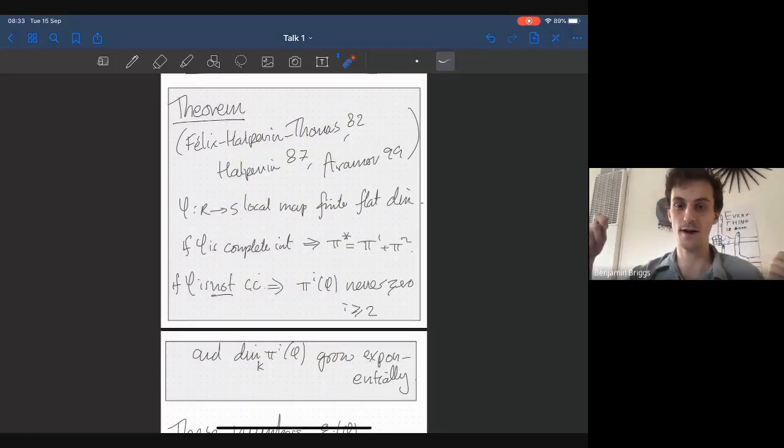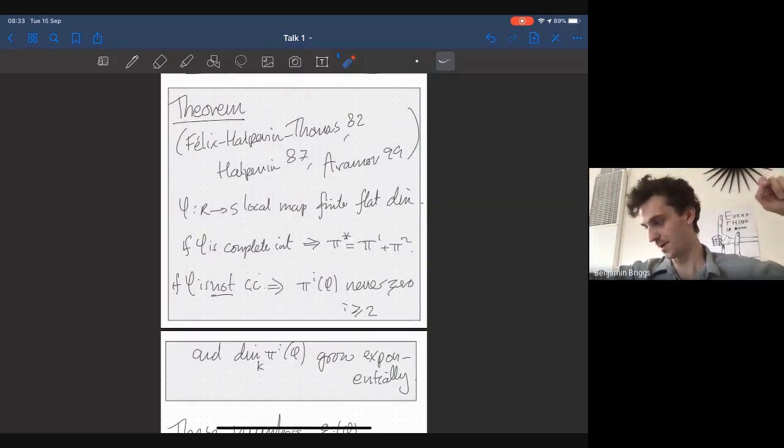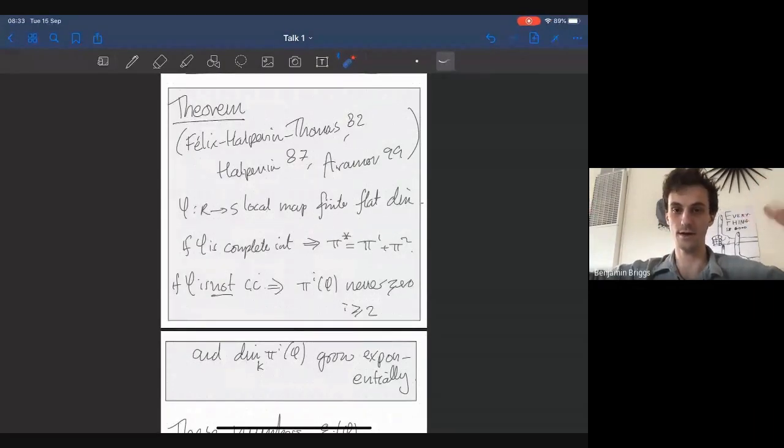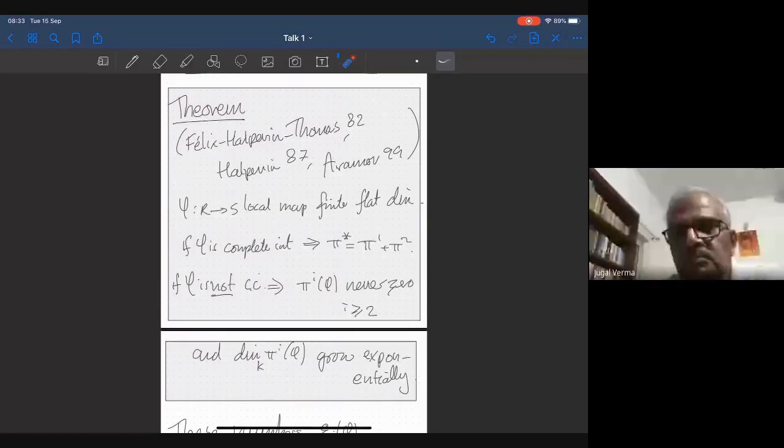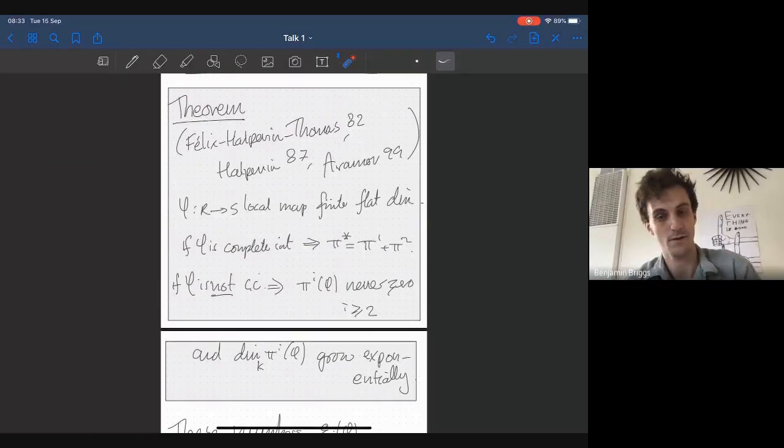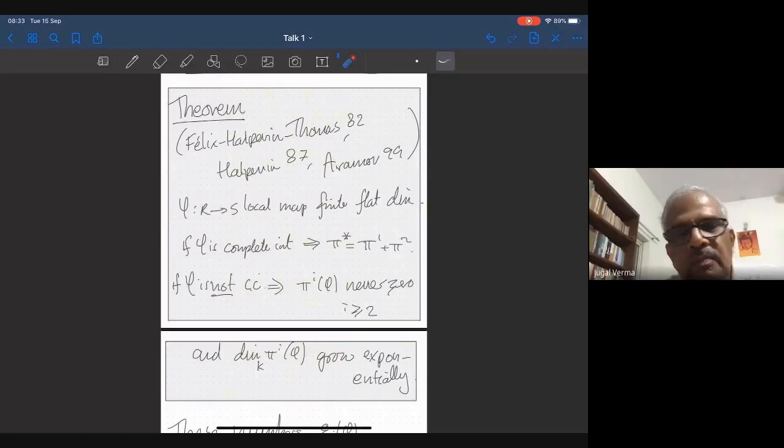And I to the n mod I to the n plus 1 is connected to something called the higher cotangent complex, which shows up in the Hodge decomposition. And now that I think about it, it's very plausible that you could have similar results connecting the higher cotangent complex to these higher conormal modules, I to the n mod I to the n plus 1. So similar methods might actually apply to that. I haven't thought about it though. That's quite interesting.